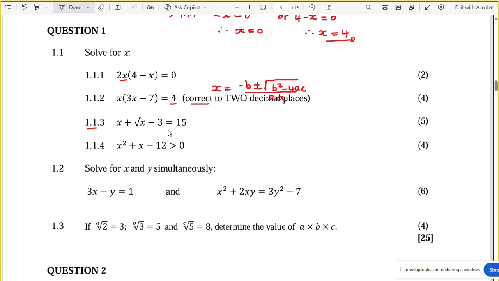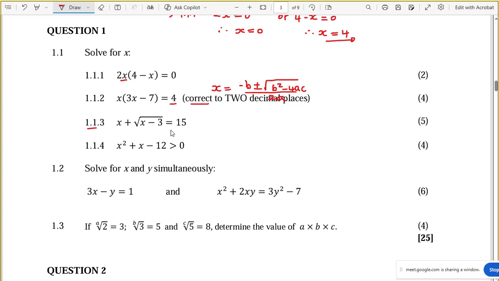We transpose x to the other side. Okay, so when you transpose x to the other side, what happens to the sign of that x? It changes and becomes negative. Exactly, the sign changes to negative. Let's go and work on that.